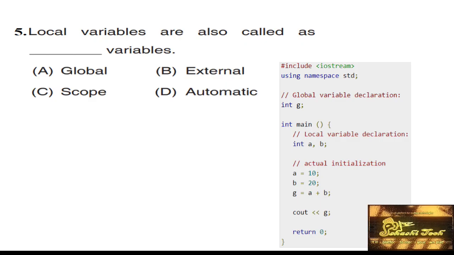These are totally opposite to local variables. And the remaining one, scope variable, is a different type of variable. The correct answer is automatic. Local variables are also called automatic variables.